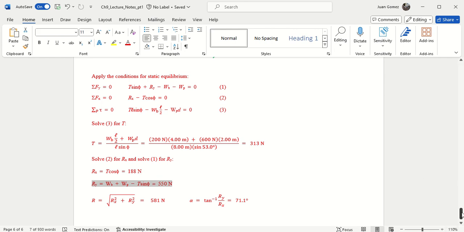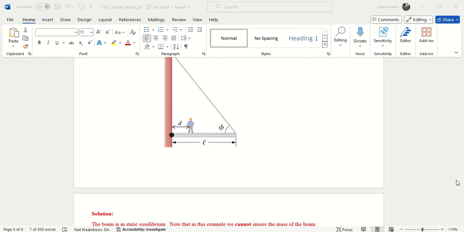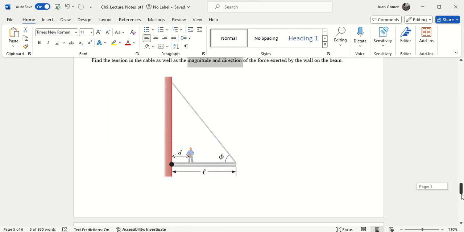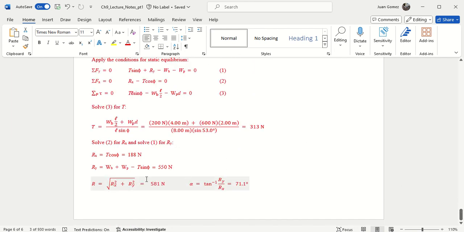Now we're not quite done, because whenever a problem has a reaction force, I want to know the magnitude and the direction. Meaning I want the Pythagorean theorem to get the magnitude, inverse tan to get the direction. By the direction, I mean the angle alpha. Okay, so I got Rx and Ry, 188 newtons for Rx, 550 newtons for Ry.